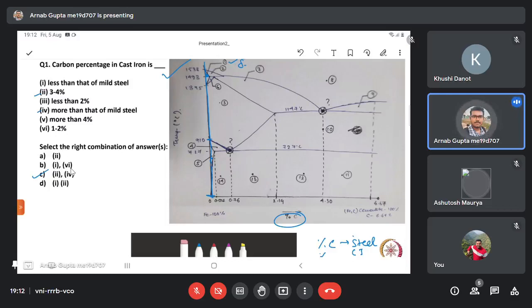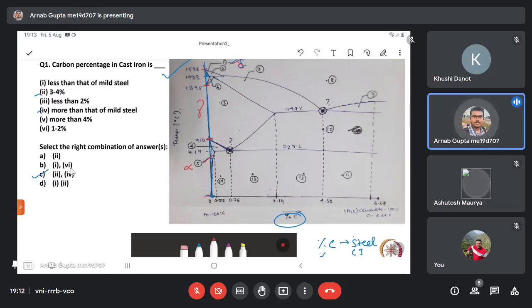We have a metallurgical terminology related to it. It is called allotropy, right? So from 0 to 910 we have alpha phase, that's this number 5 here, alpha ferrite. Then from 910 to 1395 we have the gamma phase, and from 1395 to around 1538 we have this delta phase, which is this one, delta.